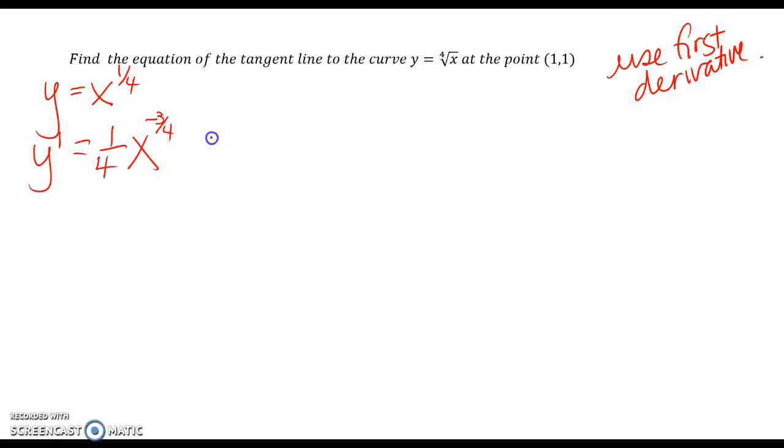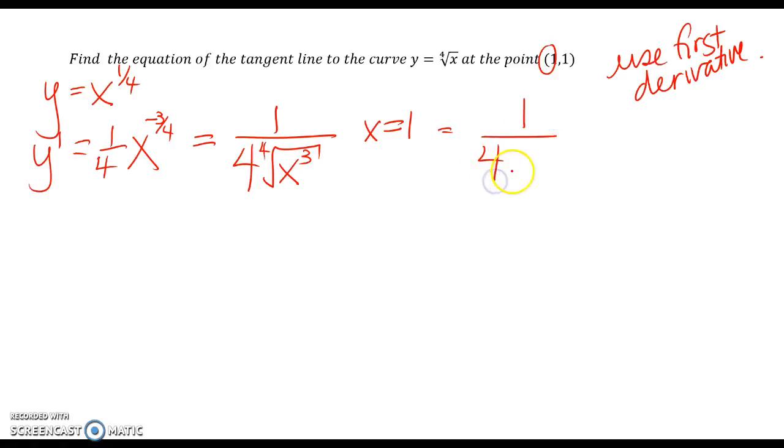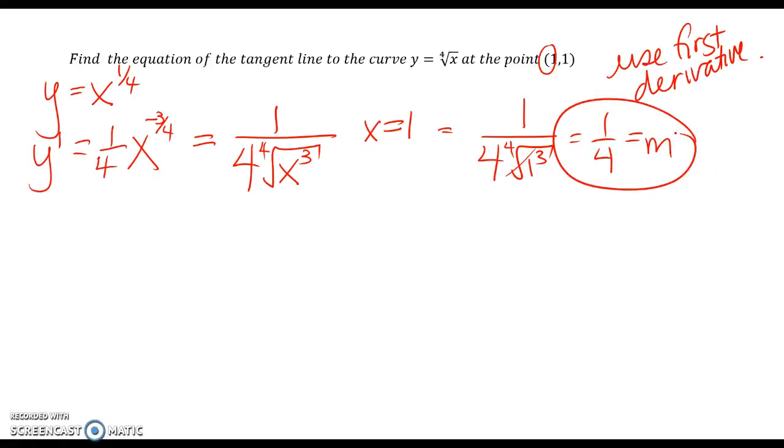And that looks like this, 1 over 4, and it would be the 4th root of x to the 3rd. Now, they made it decently easy for us because our x is 1, isn't it? So if I plug 1 into this, I get 1 over 4, the 4th root of 1 to the 3rd. So that's just 1. So our slope at that point is 1/4.